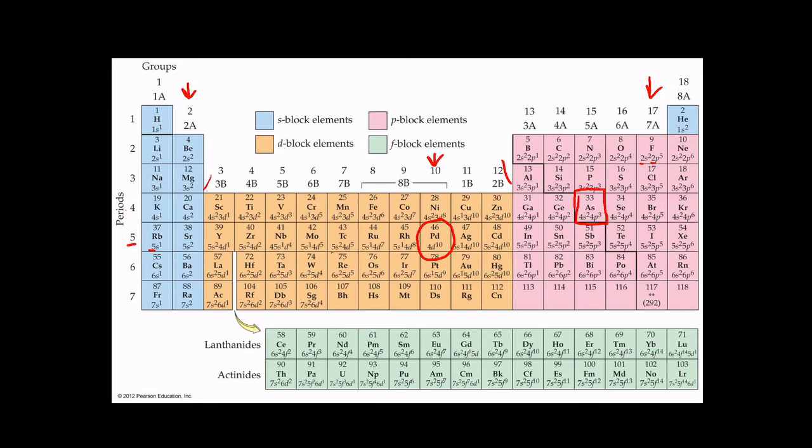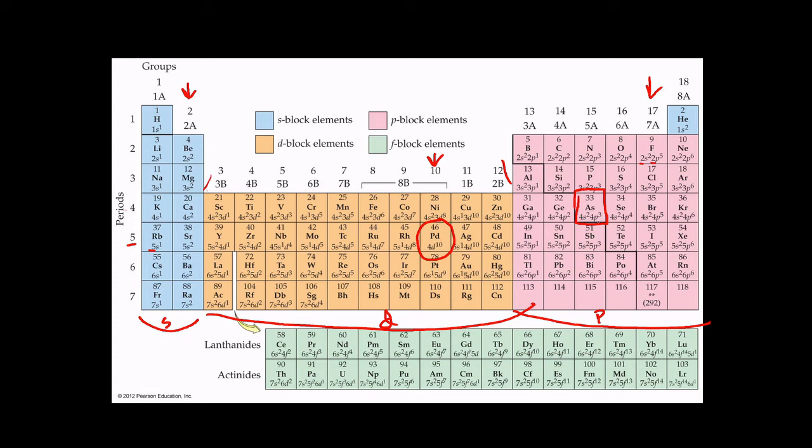And then we would look at the block that it's in. Each of these blocks here represents one of the subshells. So here we have the S block, here we have the D block, and here we have the P block. What I mean by having the S, P, and D block is that the last electron to go into the configuration for all the elements in this block goes into that subshell.